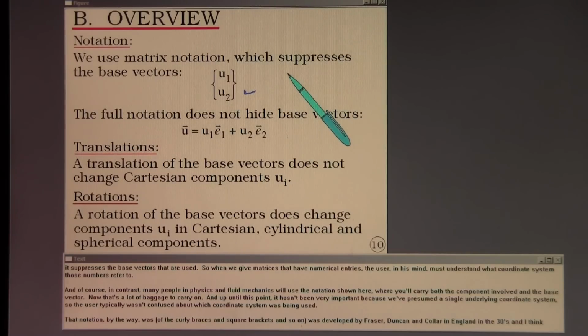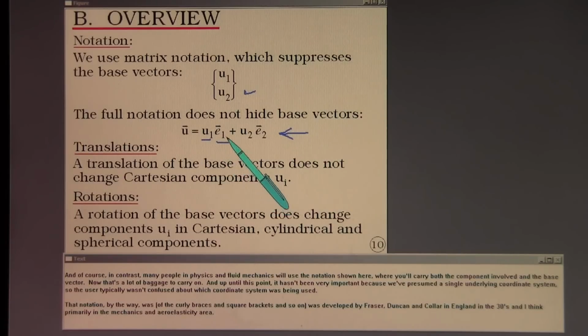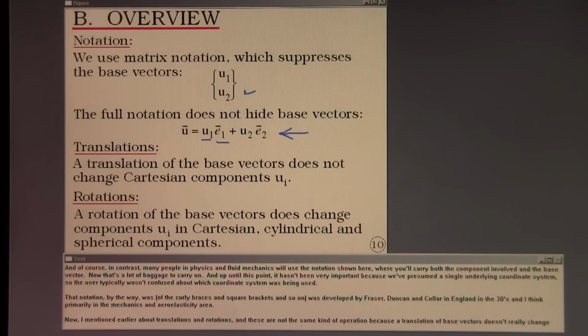And of course, in contrast, many people in physics and fluid mechanics will use the notation shown here, where you'll carry both the component involved and the base vector. Now, that's a lot of baggage to carry on, and up until this point it hasn't been very important because we've presumed a single underlying coordinate system, so the user typically wasn't confused about which coordinate system was being used.